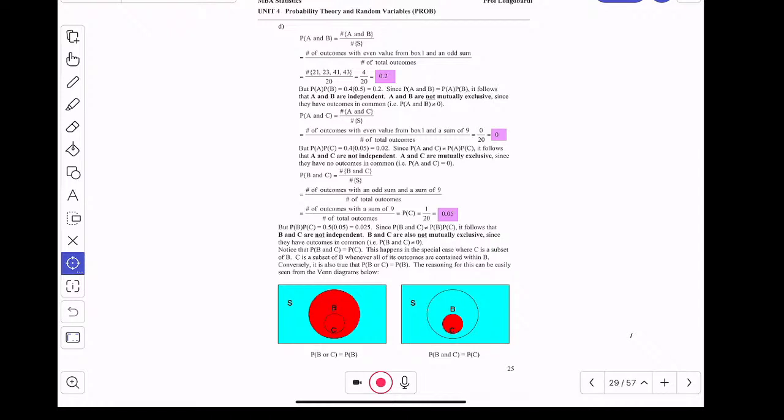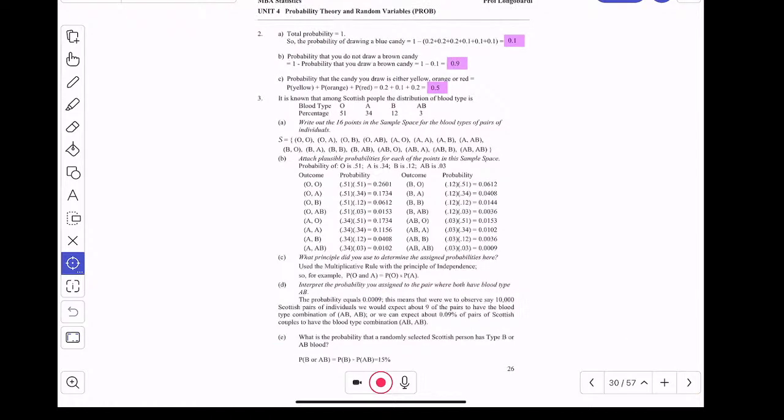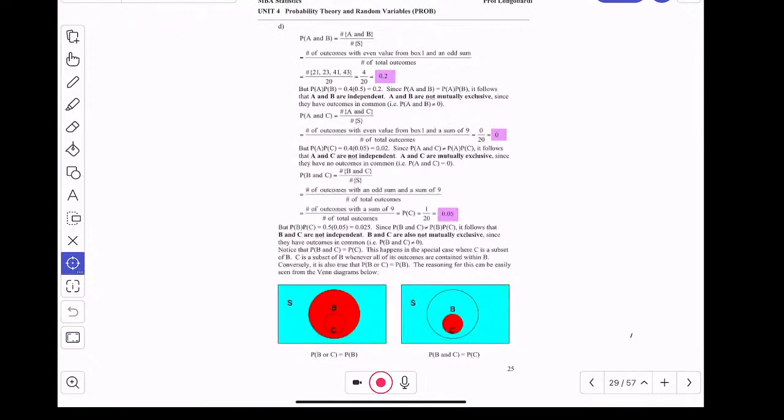It's an enclosed event. So this is similar to the fifth case that we dealt with in the lecture.